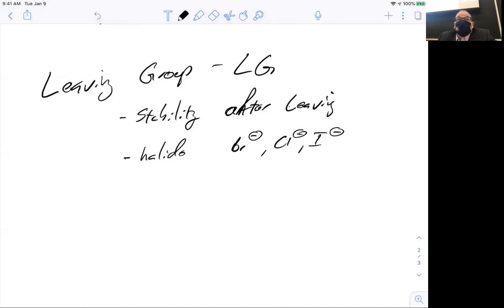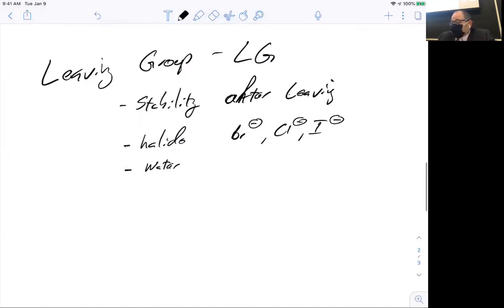All those groups are stable by themselves. Water is a great leaving group. That one may not make sense. I'll show you an example in a second. And groups with resonance, right? Resonance can help stabilize.